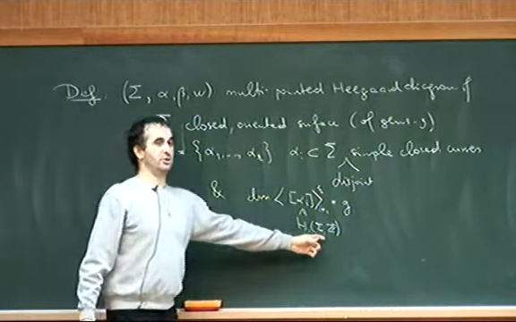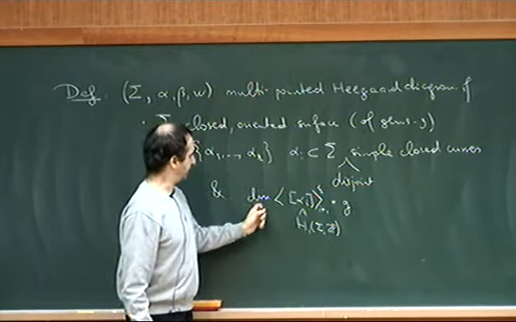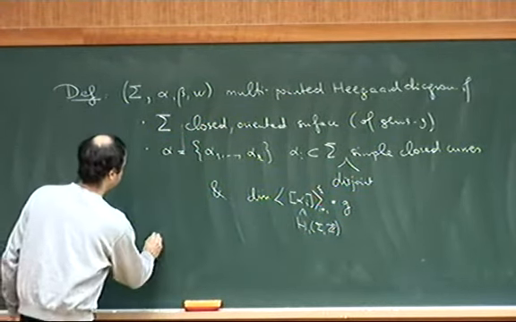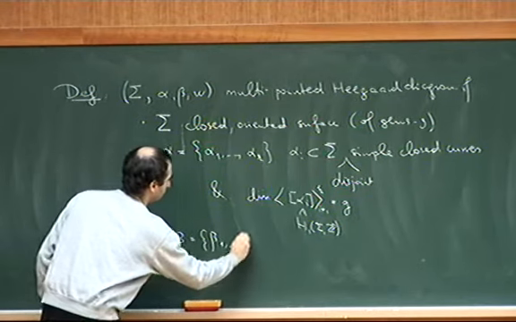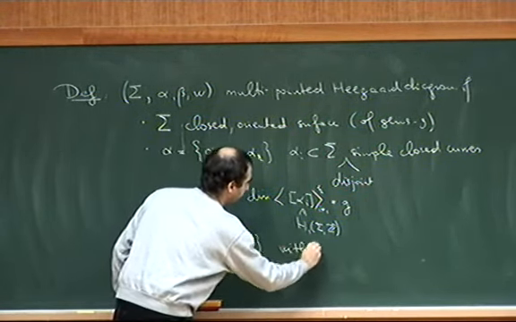It's a 2g dimensional free abelian group, and the alphas should span half the dimension, and similarly for the betas with the same properties.